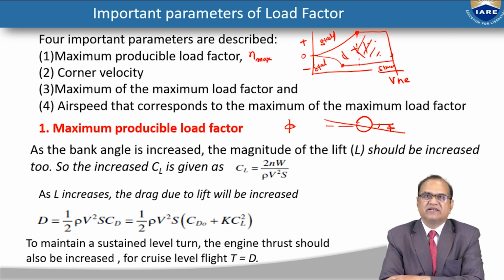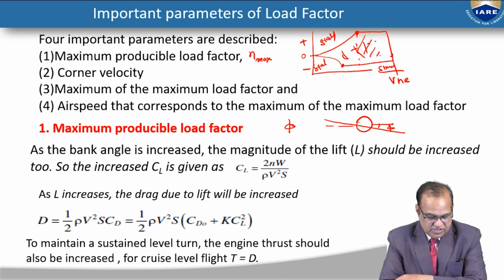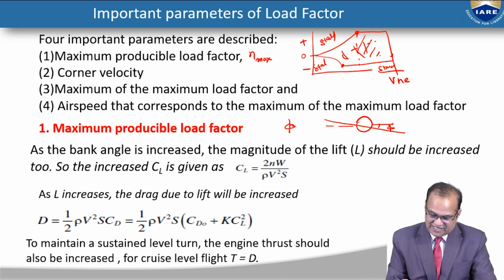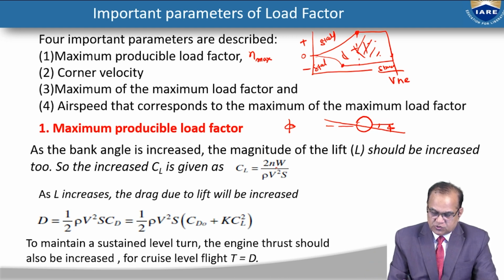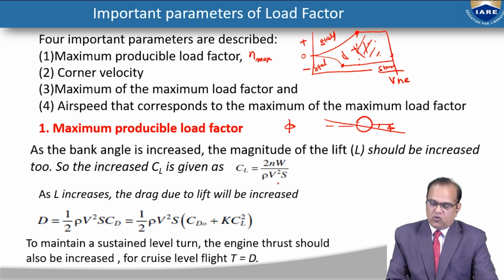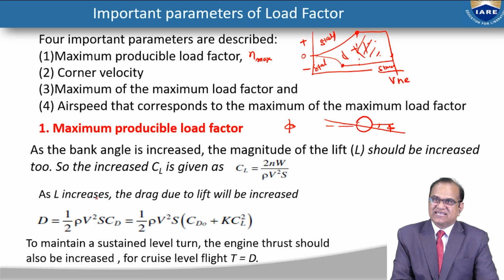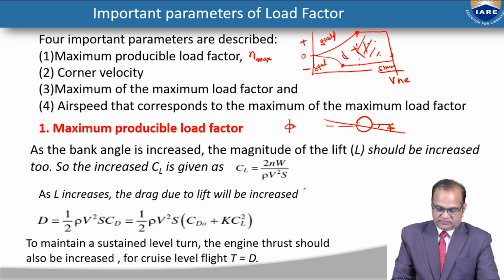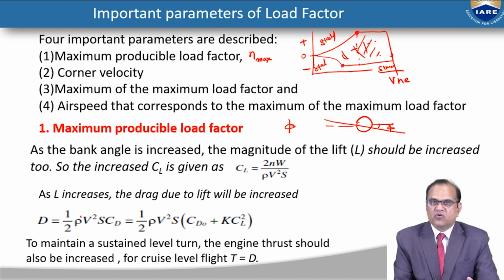So as the bank angle is increased, the magnitude of the lift should be increased too. So CL is given as, we know that CL is equal to 2N W by rho V square S, where N is the load factor. As L increases, the drag due to lift, the induced drag, will also increase. So drag is equal to half rho V square S CD, where CD is the total CD.